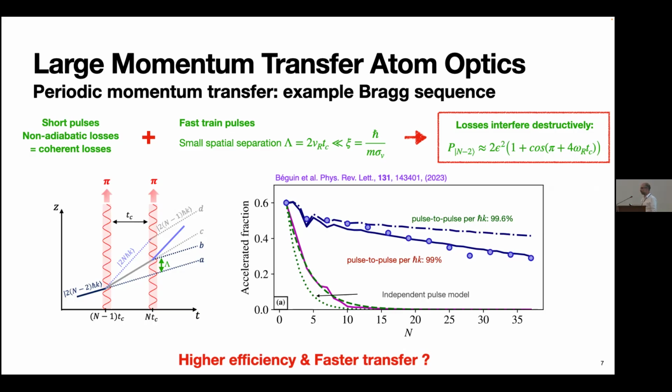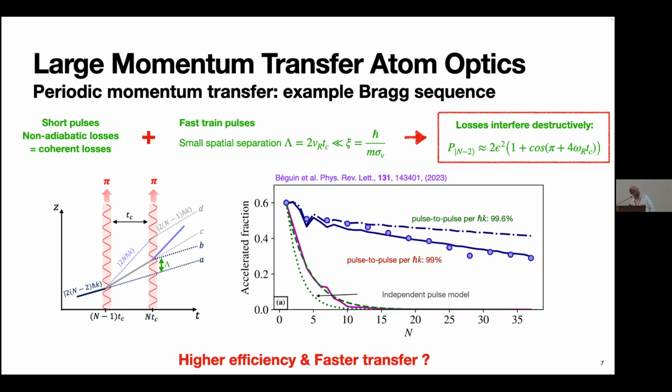If you look at that carefully, you can show that each loss channel can interfere destructively. In this way, we obtain a very efficient pulse-to-pulse efficiency, which is about 99%. The data are the circles here, and the line is a numerical simulation.